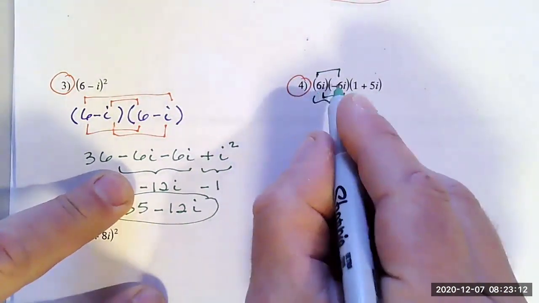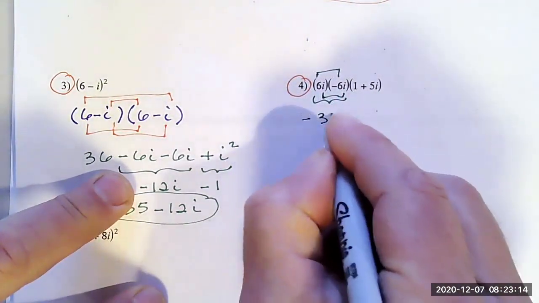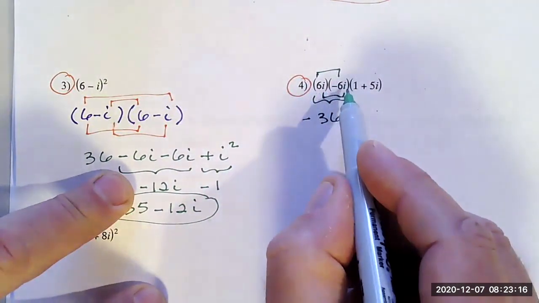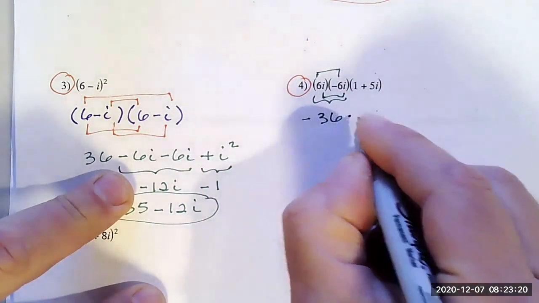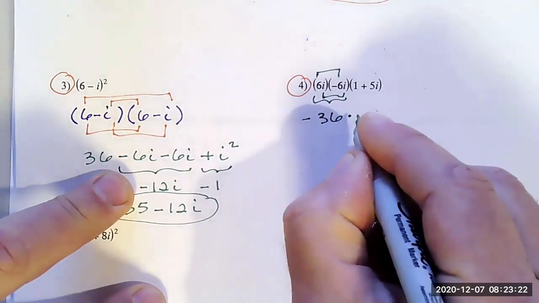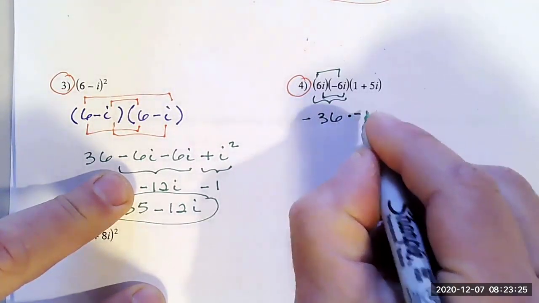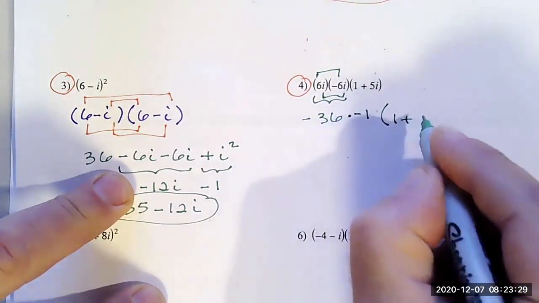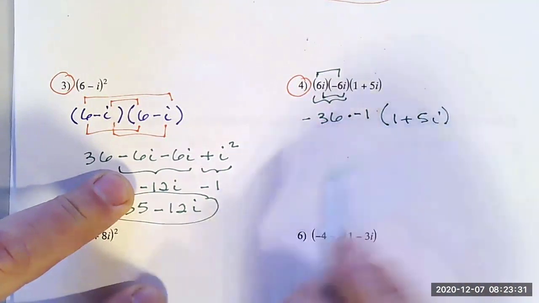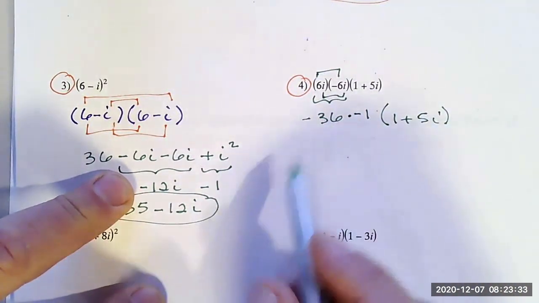Rearrange them, I have 6 times -6, which is -36. i times i is i squared, which is equal to -1. So this is -36 times -1 times 1 plus 5i. So we're not quite done here.